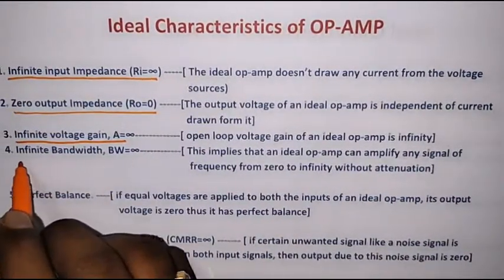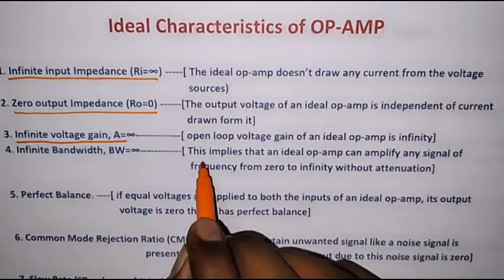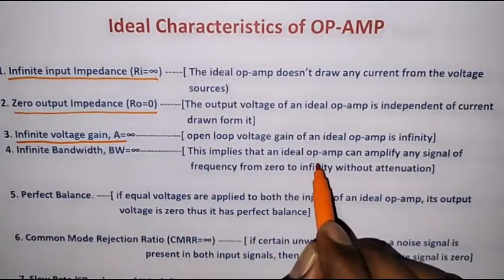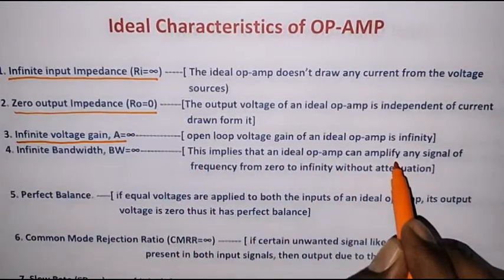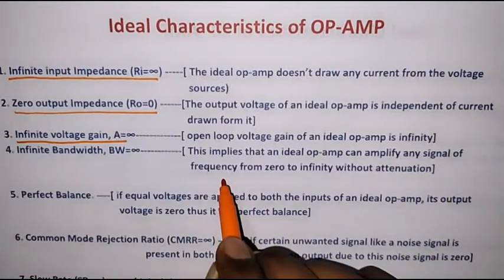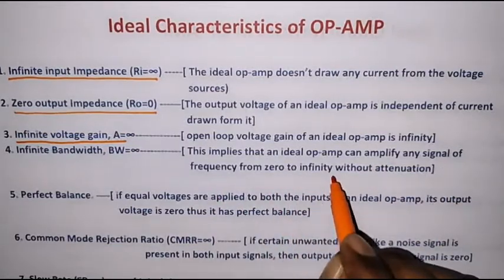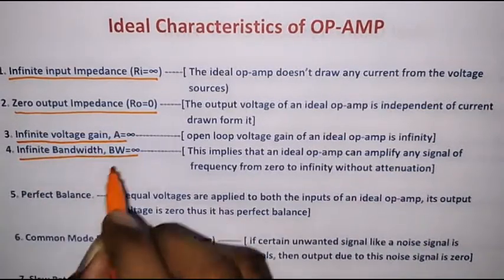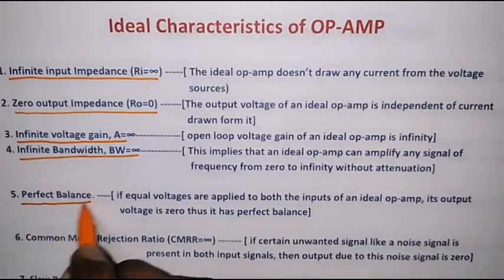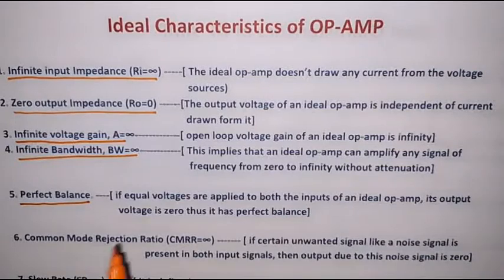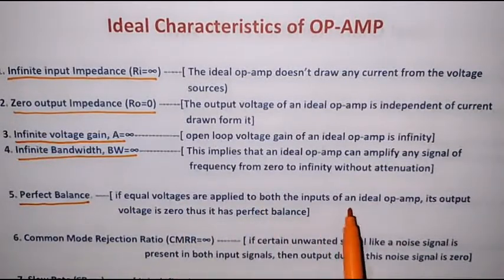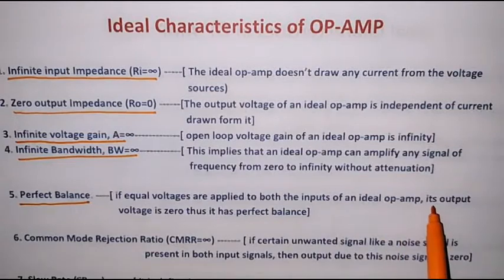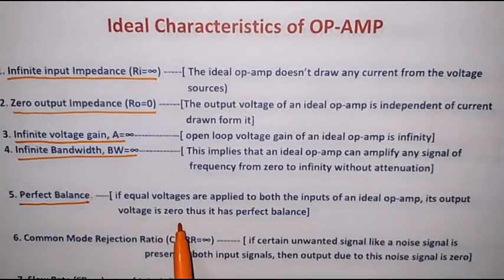Next we have infinite bandwidth. This implies that an ideal op amp can amplify any signal of frequency from 0 to infinity without attenuation. The next characteristic is perfect balance. If equal voltages are applied to both the inputs of an ideal op amp, its output voltage is 0.